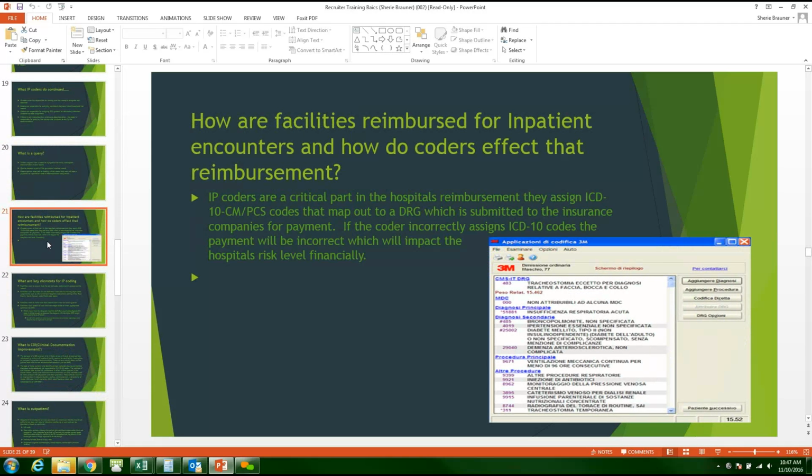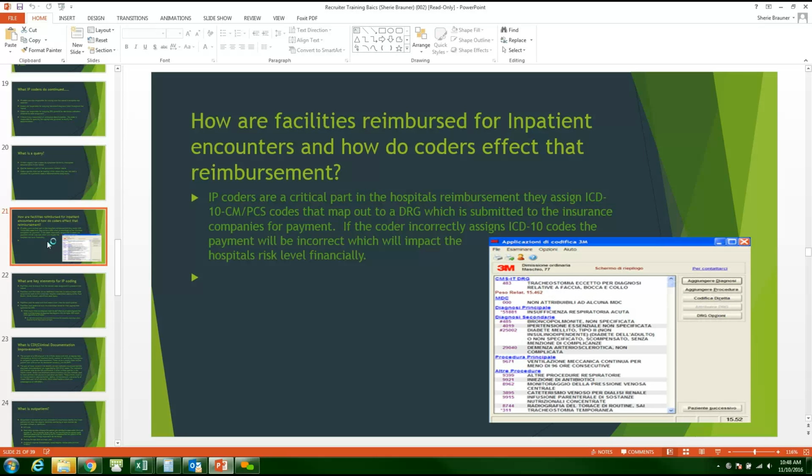Slide number 21. How are facilities reimbursed for inpatient encounters, and how do coders affect the reimbursement? Inpatient coders are a critical part of the hospital's reimbursement. They assign the ICD-10 CM diagnosis codes and the ICD-10 PCS procedure codes that map out the DRG, which is submitted to the insurance companies for payment.